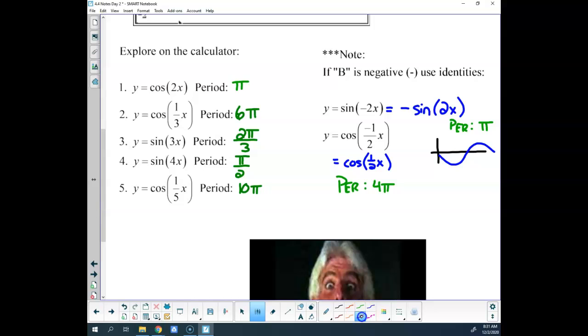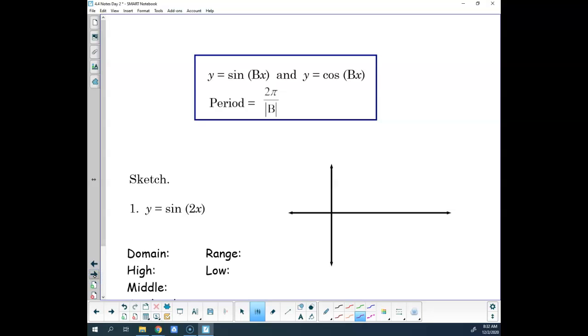What's 2 pi divided by 1/3? 6 pi. 2 pi divided by 3 is 2 pi over 3. 2 pi divided by 4 is 2 over 4, which reduces to 1/2, so it's pi over 2. Dividing by 1/5, multiply by 5. 2 pi times 5 is 10 pi, and so on and so forth. It's the best way to find the period.